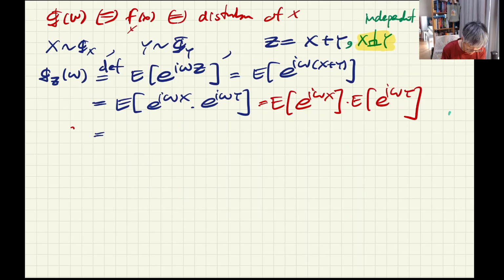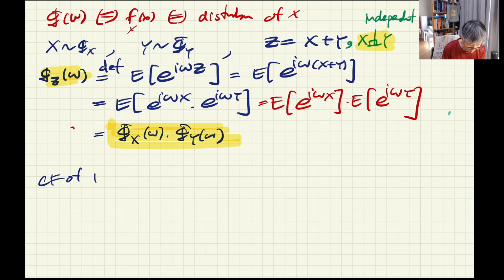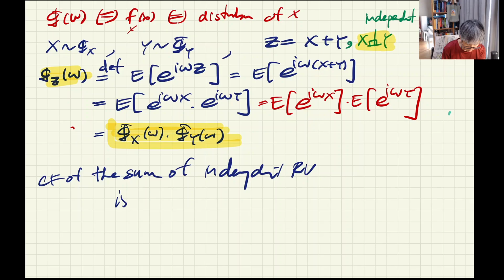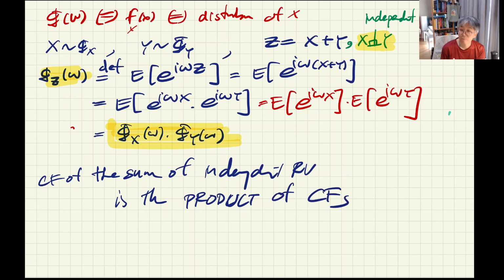So that turns out to be the CF of X times the CF of Y. And that gives you a nice result: the CF of the sum of independent random variables is the product of the CFs. This is the general result in the yellow box.